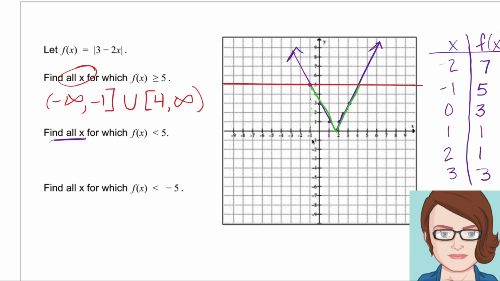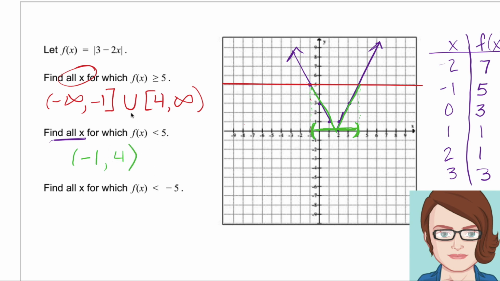Do we include -1? Well, no. It can't be equal to 5, so we do not include -1. And I'm going to the right this time, because this entire section that I've highlighted in green here is less than 5. Where does it stop? It stops at 4. So all of the x's where the output of the function is less than 5 is between -1 and positive 4.